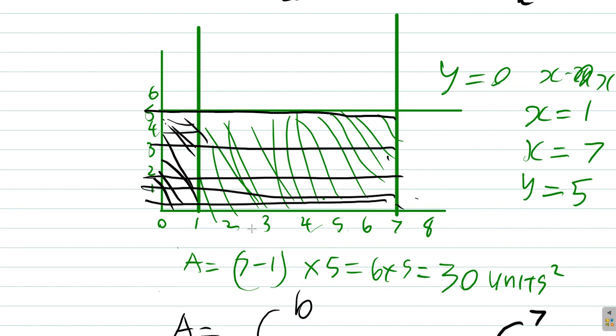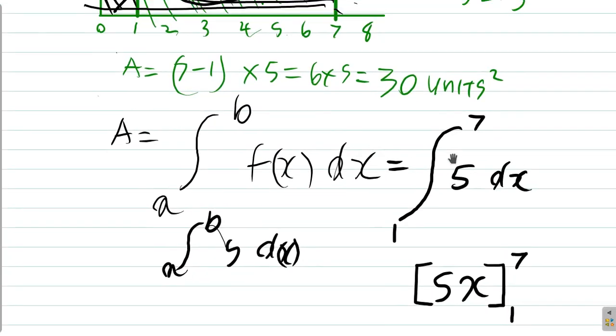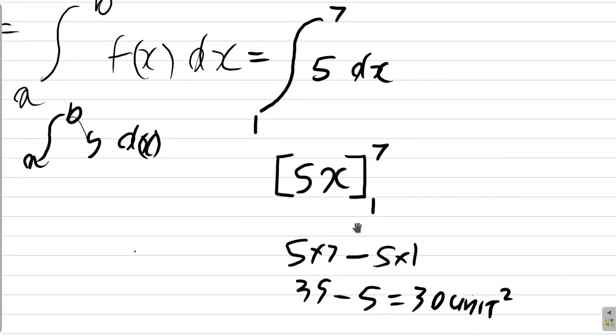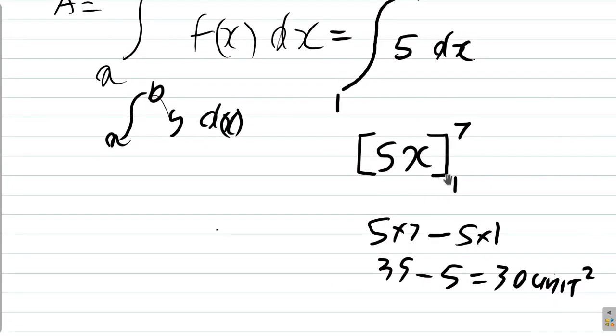So it's everything minus this area here to give you the area that you want. So you can consider it that way. The upper boundary calculation minus the lower boundary. So we get 30 square units in this case.